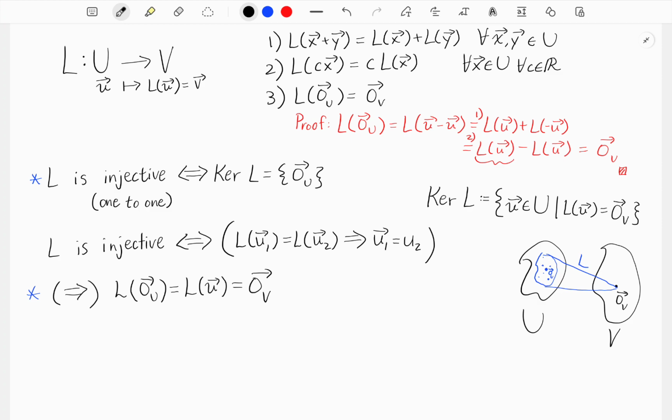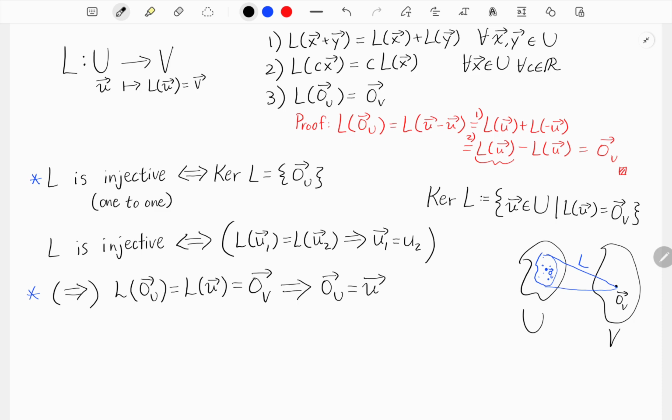We don't know what little u is. Then L is injective, right? So if the outputs are the same, which gives you 0v, then the inputs have to be the same, so 0u has to equal little u.